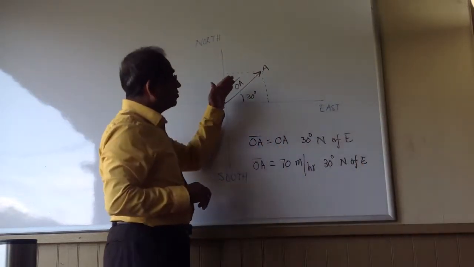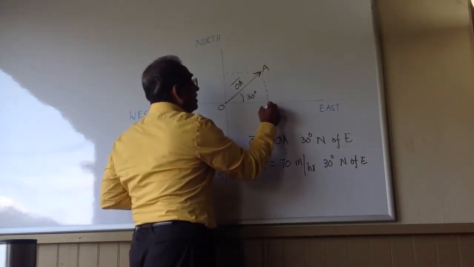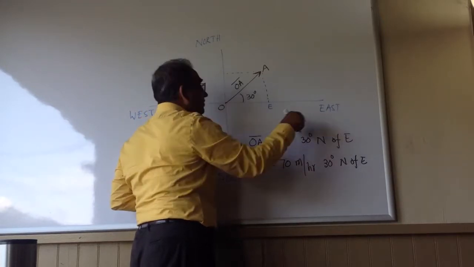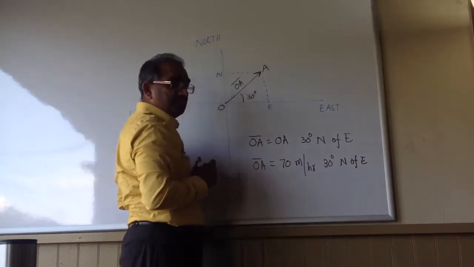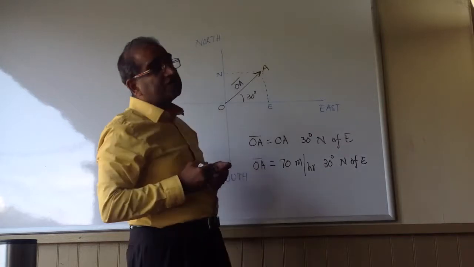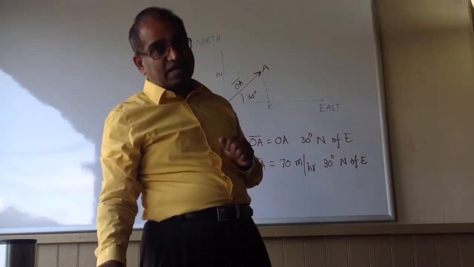So this vector OA bar has a component OE along east and ON along north. So what are the values of these components and what is the use of these components? That's very important for us now.